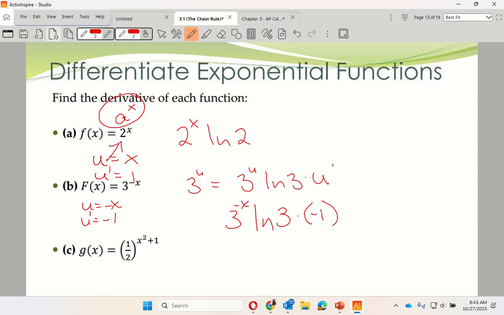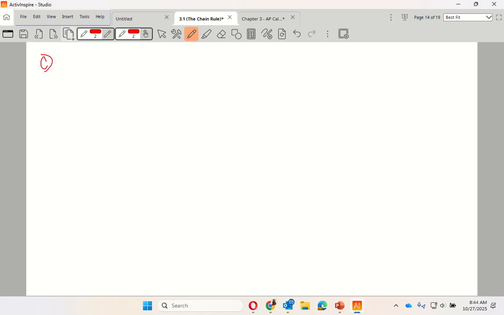So g of x is 1/2 to the x squared plus 1. Do we have a complicated part here?